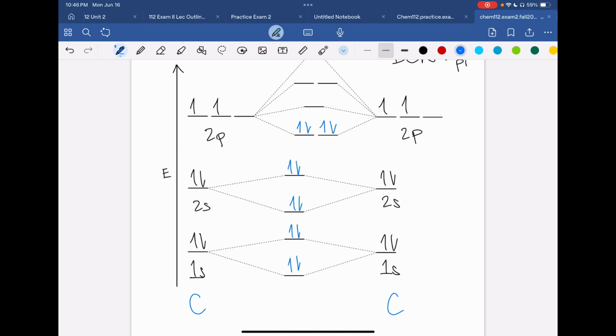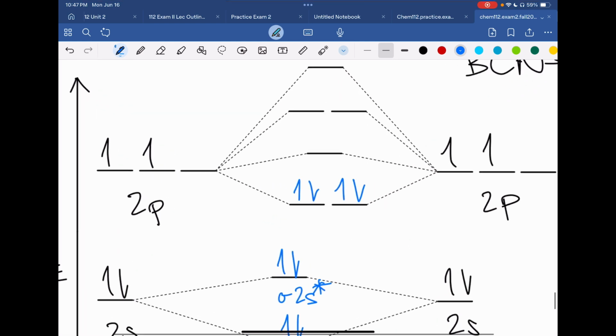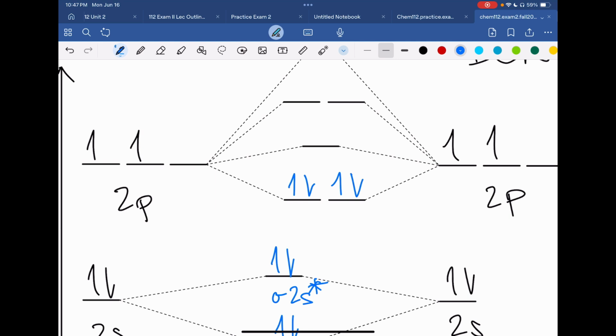So you're going to label them. Sigma 1s, sigma 1s star, sigma 2s, sigma 2s star. Do y'all remember what these are called? Remember Iggy Azalea. This is how to know the difference between your pi's: pi 2py, pi 2pz.